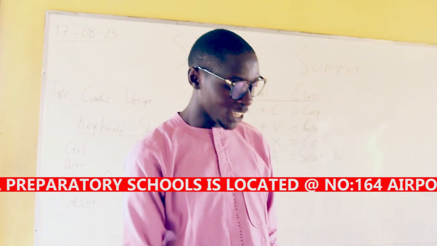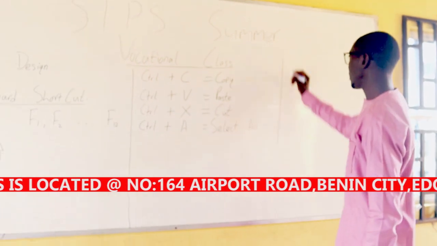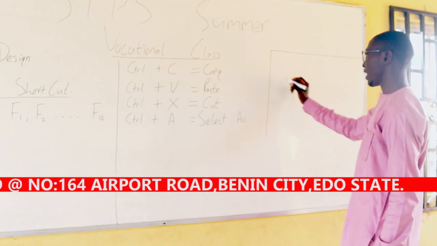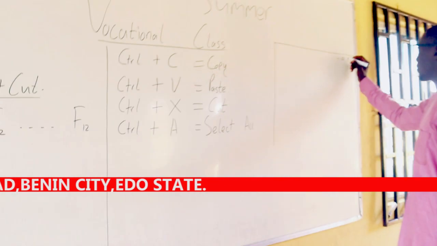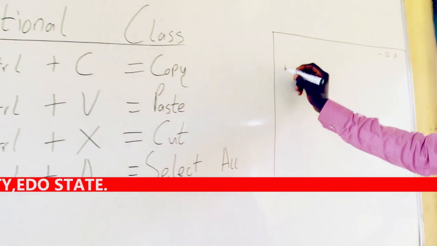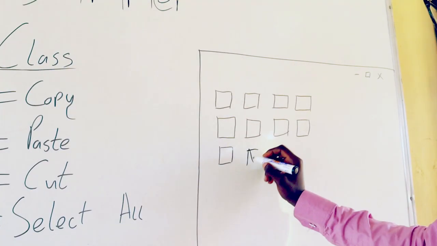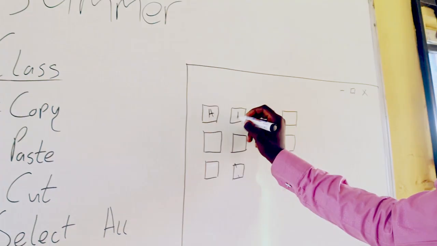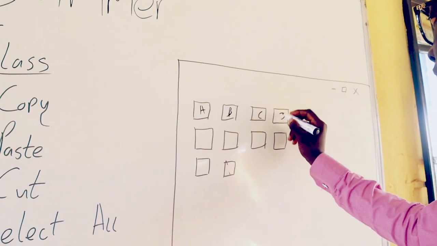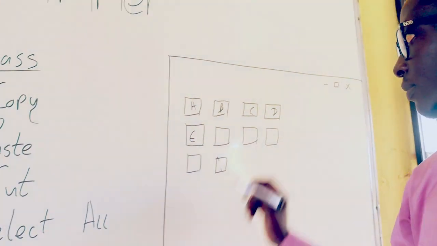Let's say, for example, I'm inside a folder. In the folder, there are many images, numbered image A, B, C, D, E, and so on.